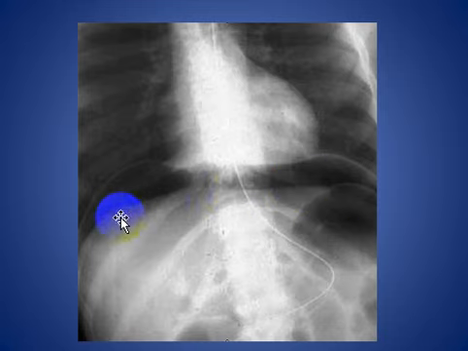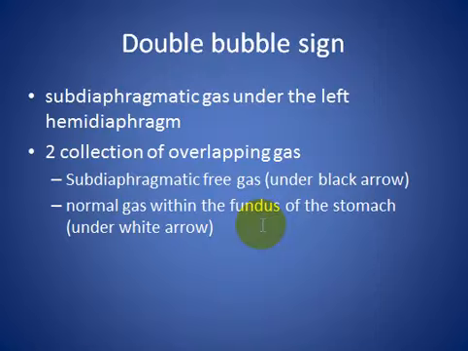As we see here, large amount of gas, and we see the continuous diaphragm sign in pneumoperitoneum. Also, if the gas is above the diaphragm, we see in cases of pneumomediastinum, the continuous diaphragm sign.